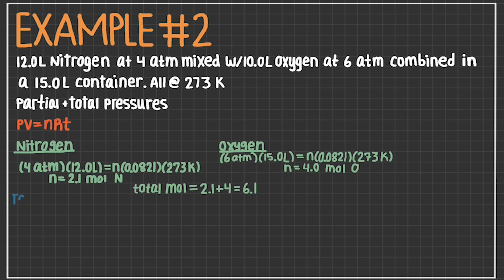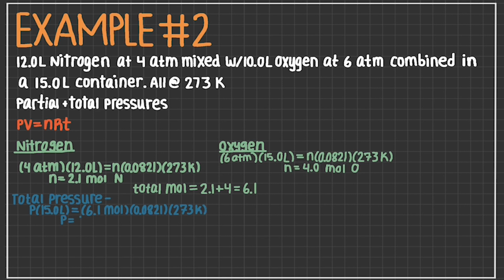Now we want to calculate the total pressure in the new container and use the mole fraction method to get the partial pressures after. Our total pressure is pressure times the volume, 15.0 liters, equals 6.1 total moles times 0.0821 times 273 Kelvin.